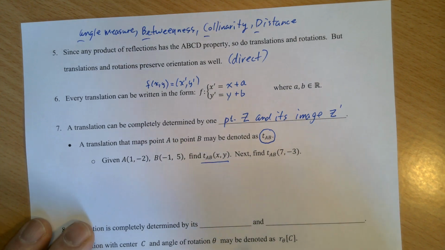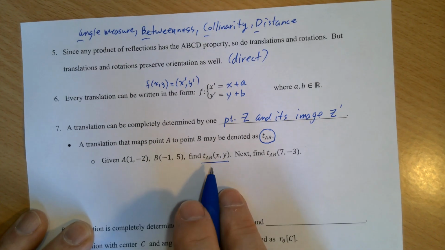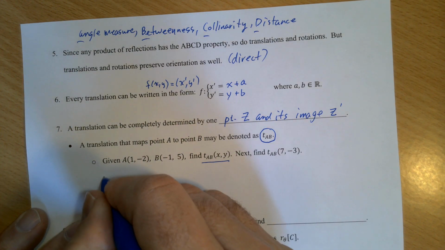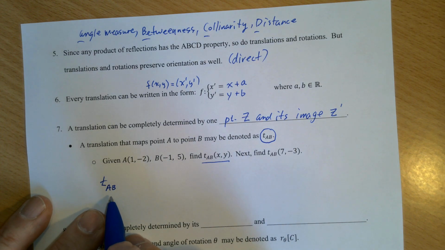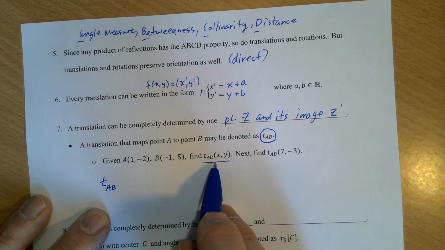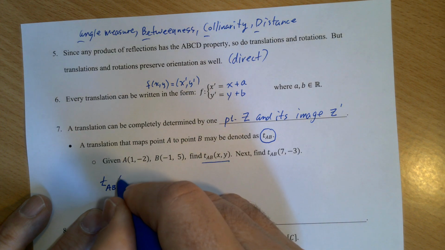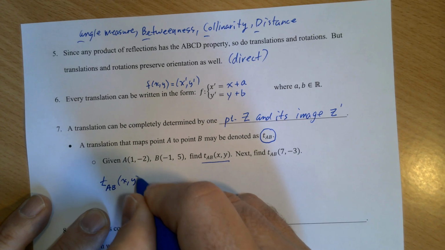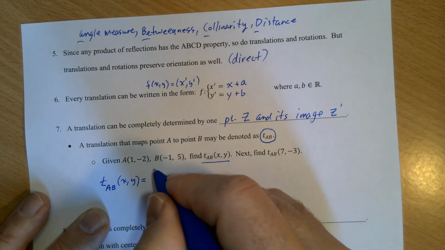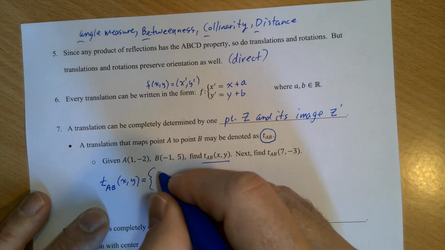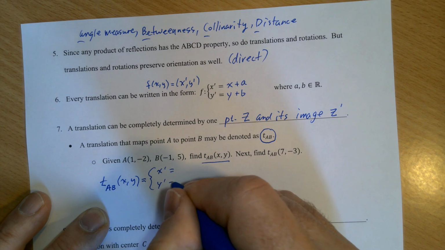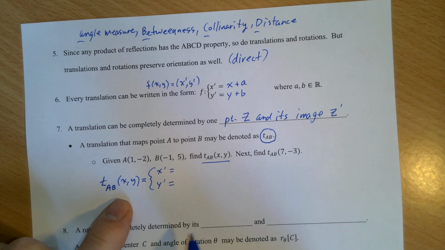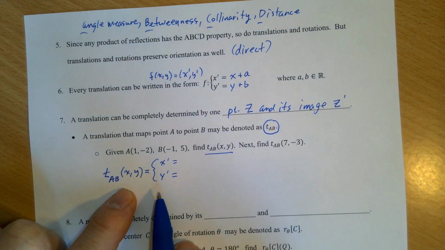Okay, so let's see what TAB is. T subscript AB of xy. Well, I could write it like this. X prime equals, y prime equals. I could have written it like an ordered pair, but I'll write it this way.